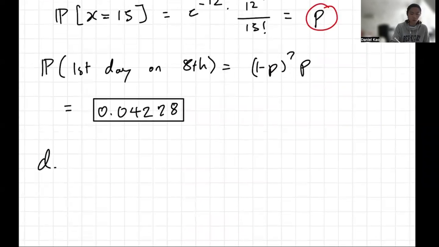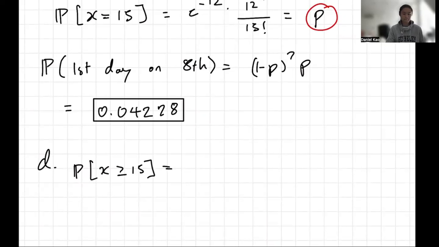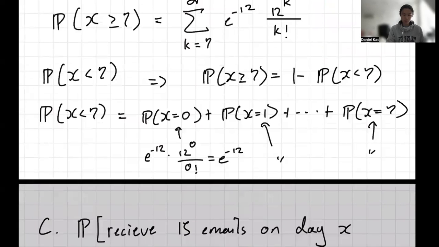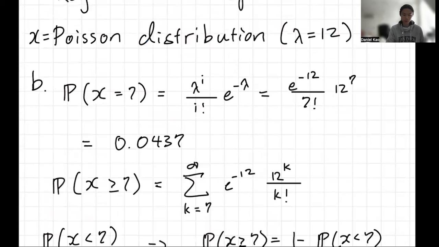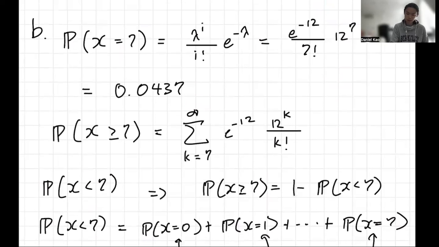So in that case, what is the probability that x is at least 15, that is, greater than or equal to 15? Remember from part B, we already calculated something similar for 7, the probability that x is greater than or equal to 7.